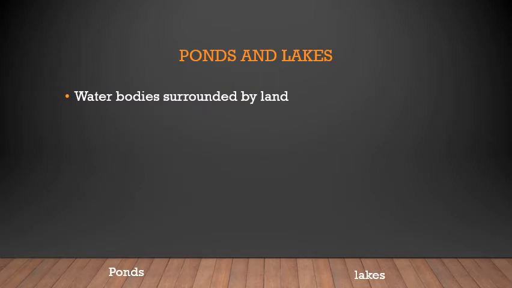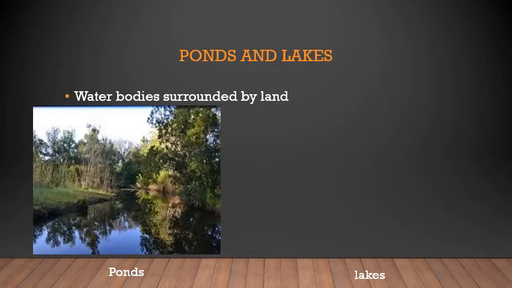Next, there are different water bodies that you are going to learn. Now, the first water bodies are ponds and lakes. Ponds means the small water bodies that are surrounded by land. Surrounded means on all four sides the land will be there.